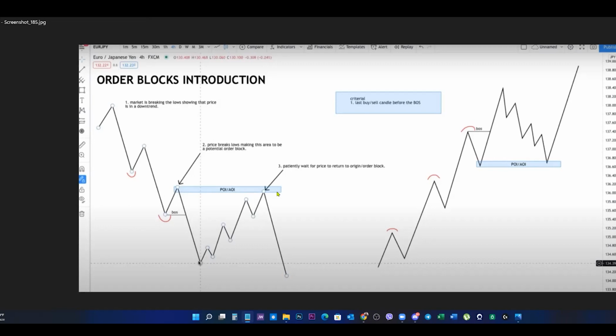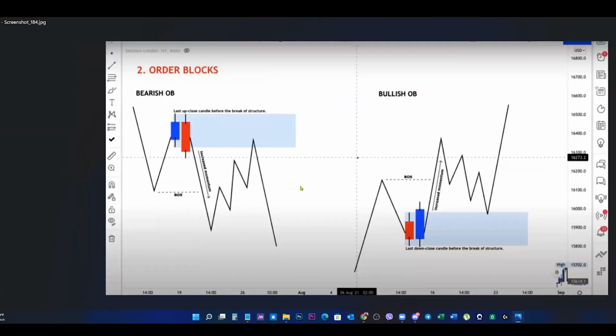In my previous video, I discussed it, but I will give you a summary in this tutorial. To find the order block, you just need to look for the last candle before the break of the structure.